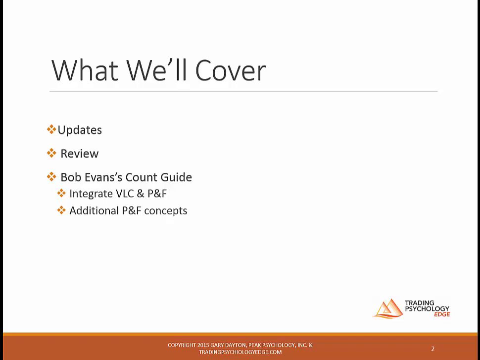And then we're going to go deep into Bob Evans's count guide, and in doing that, we integrate the vertical line chart and the point and figure chart, and we'll talk about some additional point and figure charting concepts. But questions about where do you create the line for the count, and when do you make the count, and all of that. That's all addressed in Evans's count guide. So we're going to go through that tonight in some detail.